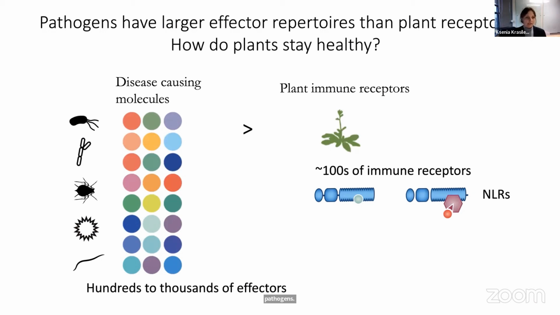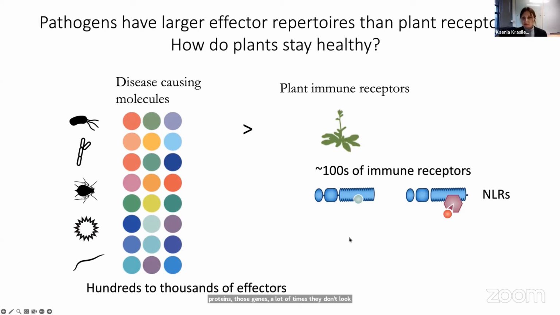And pathogens encode, regardless of which kingdom they come from, hundreds to thousands of secreted proteins that they inject into the plant to cause disease. Those are rapidly evolving proteins. Those genes, a lot of times, don't look like anything else in the genome or across genomes.